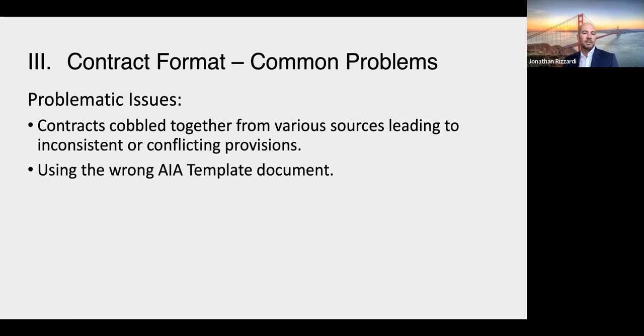I mean, the B101 is a very thorough, 20 or 30 page contract. It incorporates 30 pages of general conditions in the A201. So using that on a small project is, I think, overwhelming and unnecessary, overwhelming to the owner, which may be a problem in terms of your relationship with the owner.